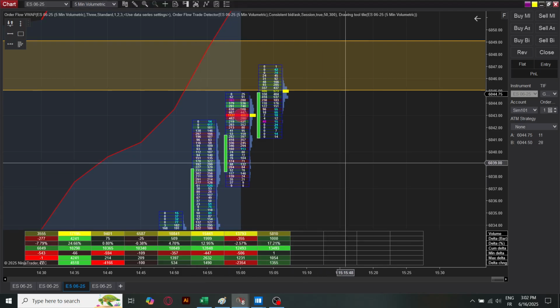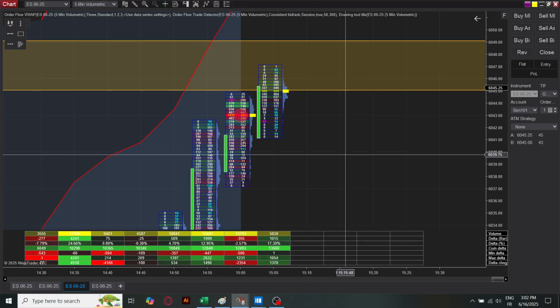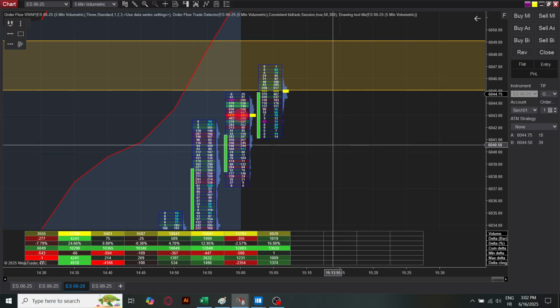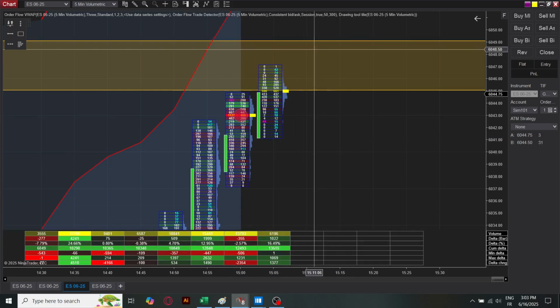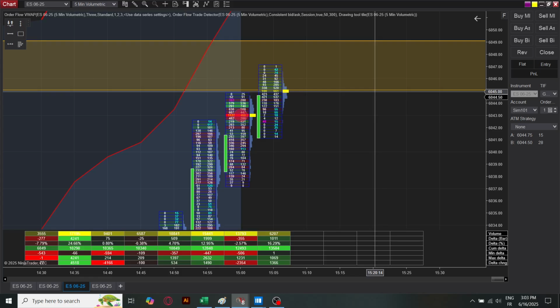I was bullish biased first, but now I don't know where it's going to take us. But we have the footprint, and this is the game changer. We have the key levels. I didn't say it's support or resistance.